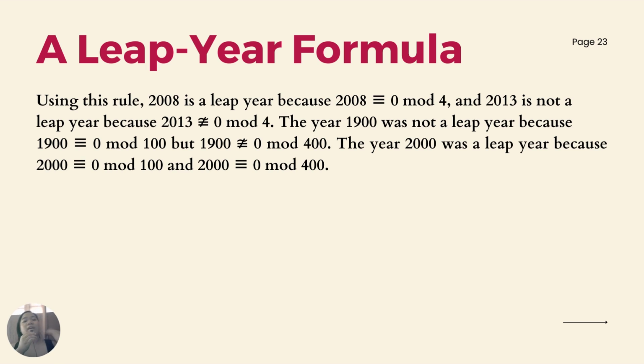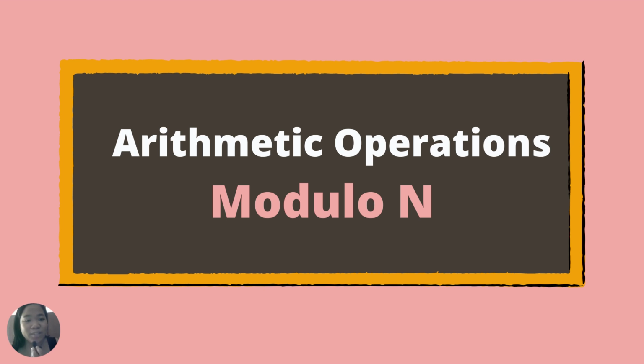Class, adding three bars with a slash symbolizes not congruent. The year 1900 was not a leap year because 1900 is congruent to 0 mod 100, but 1900 is not congruent to 0 mod 400. The year 2000 was a leap year because 2000 is congruent to 0 mod 100 and 2000 is congruent to 0 mod 400. Okay, let's move on.